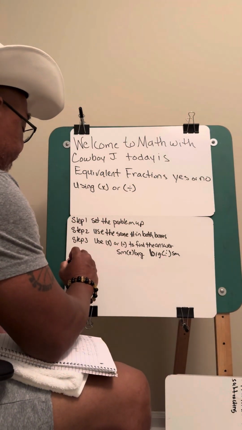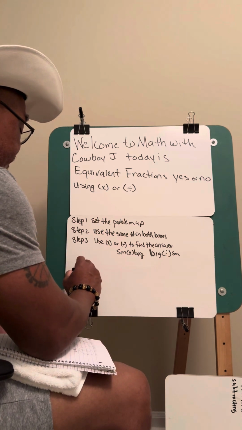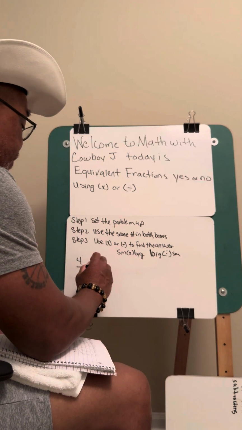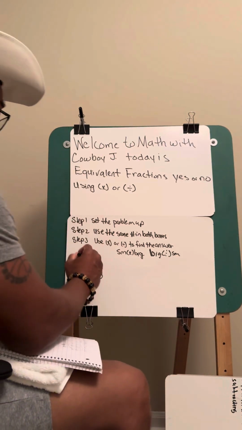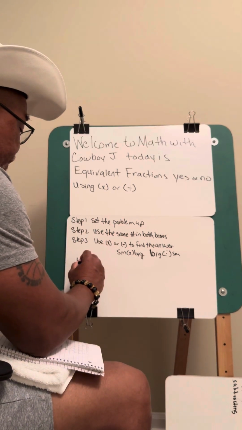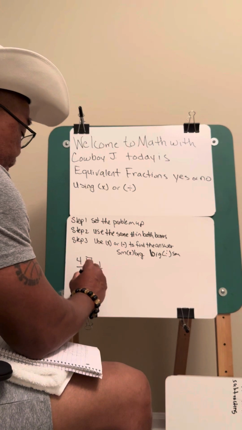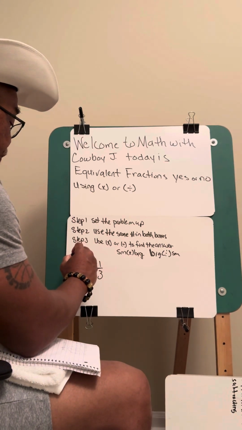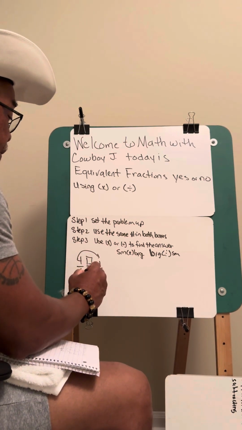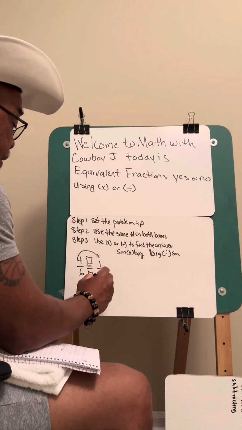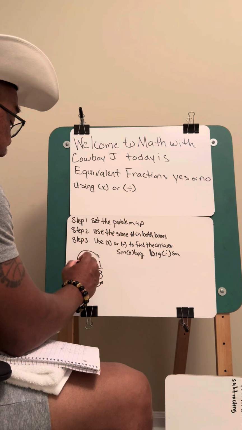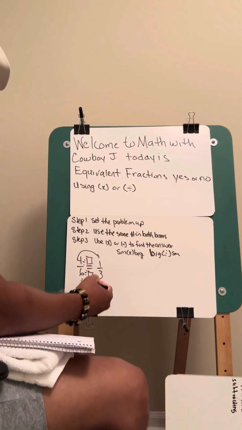So let's see if we have 4/6 is equal to 1/3. So again, I'm going to set my problem up. In this case, I'm going to go from a big to a small, so that lets me know I'm dividing.